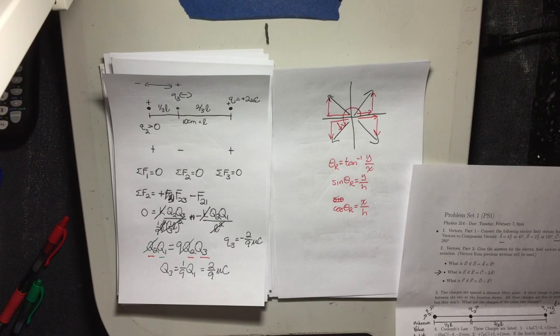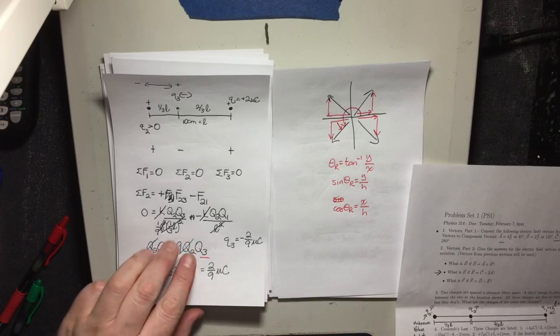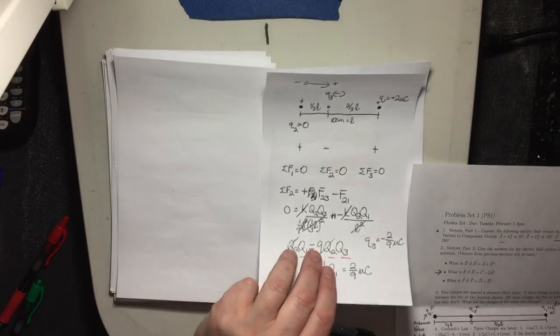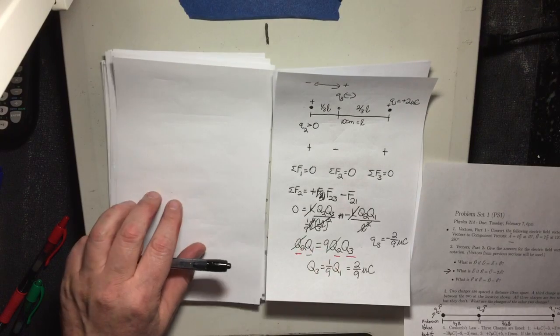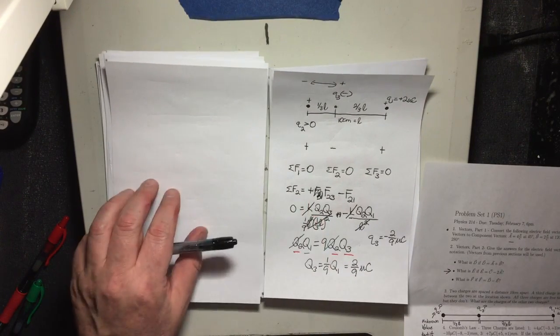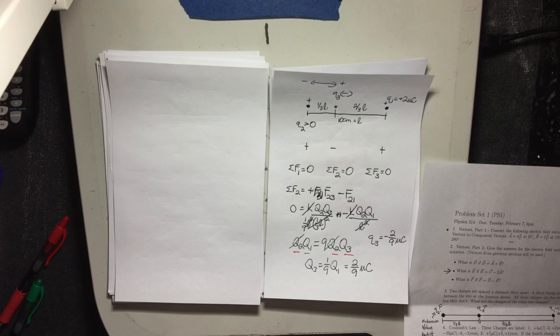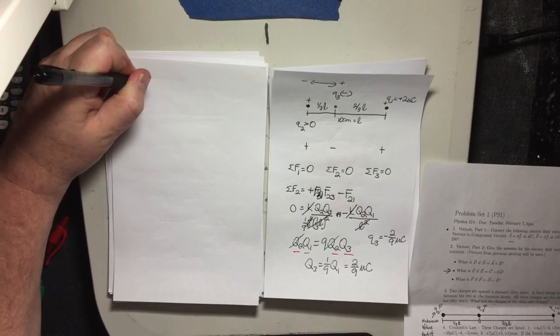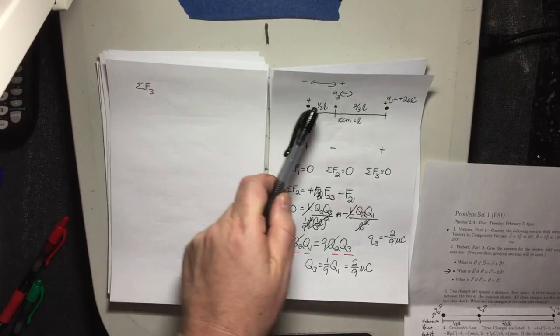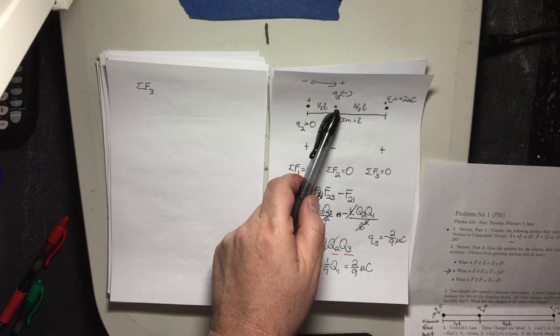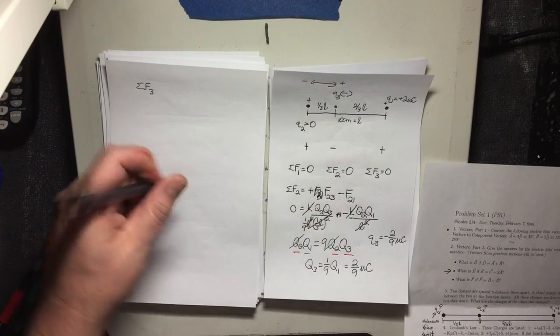And that's solved. Now that you know what Q3 is, you could work on any of the other particles to find out what Q2 is. Let's do the sum of the forces on Q3. Positive pushing on negative, it's actually a pull.